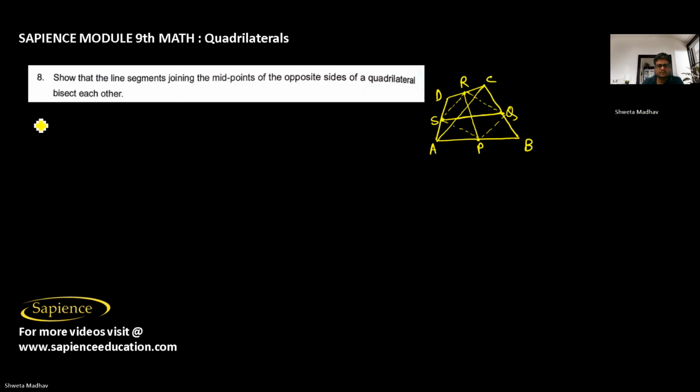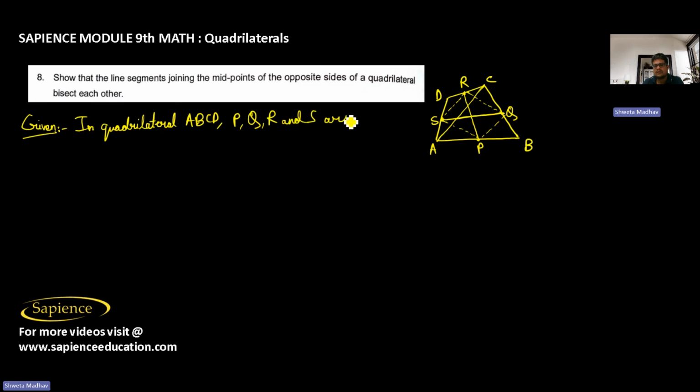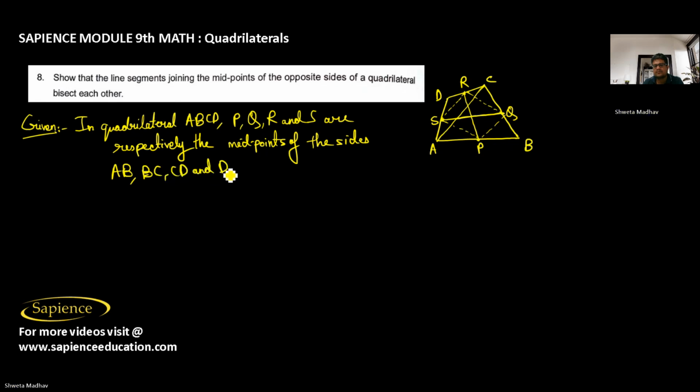Now here it is given that in quadrilateral ABCD, P, Q, R, and S are respectively the midpoints of the sides AB, BC, CD and DA respectively.